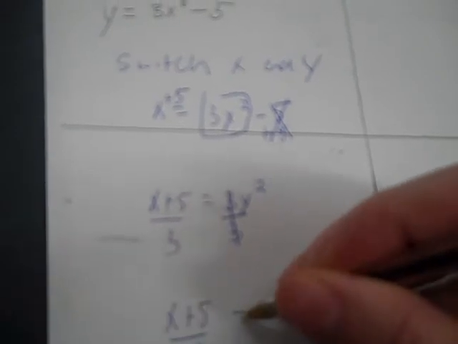It has a 3, so you need to divide by 3, not 3y, 3, okay? Now, x plus 5, all divided by 3 equals y to the second. Remember, my job is to get the y by itself, okay? And then the second power, I can just square root. Now, the y will be by itself, and I put a square root over that. So y is equal to the square root of x plus 5 over 3.